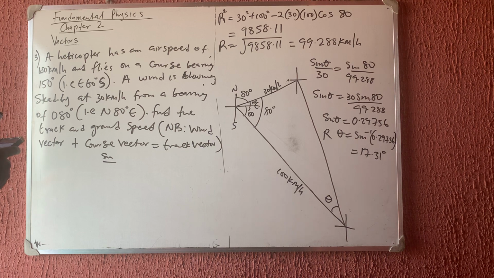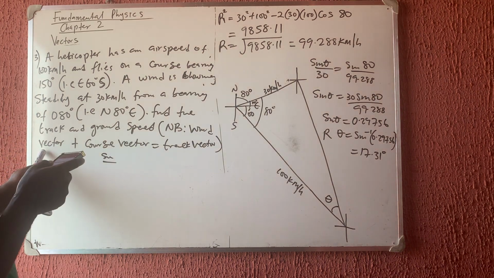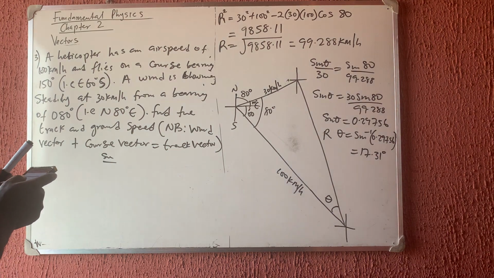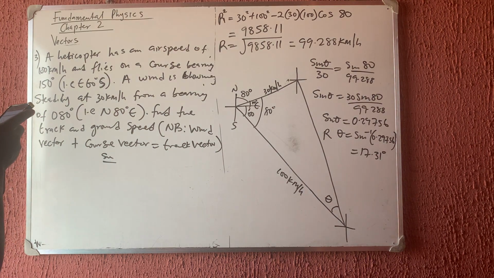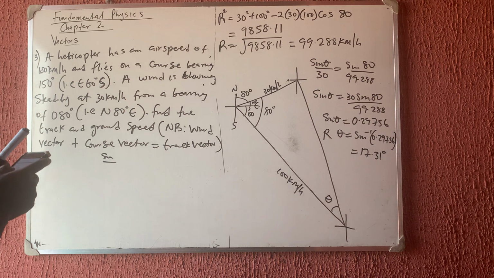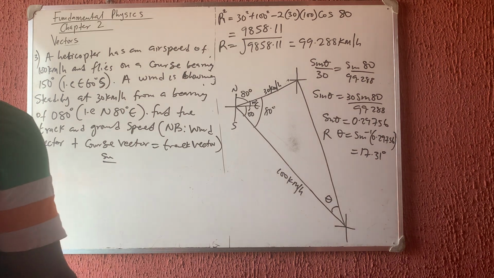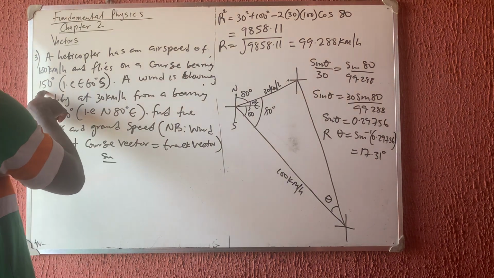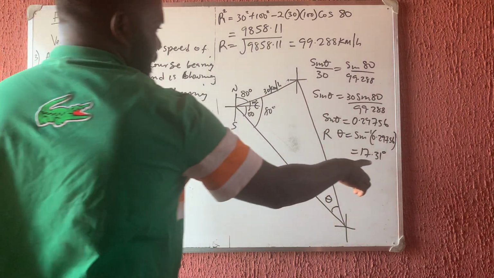So now the next one, the answer that the track vector is simply the course vector plus, like they gave us here, the course vector plus the wind vector. What is the course vector? And then what is the wind vector? The course vector, okay, the course bearing is 150, and we have gotten that the wind bearing is this one.